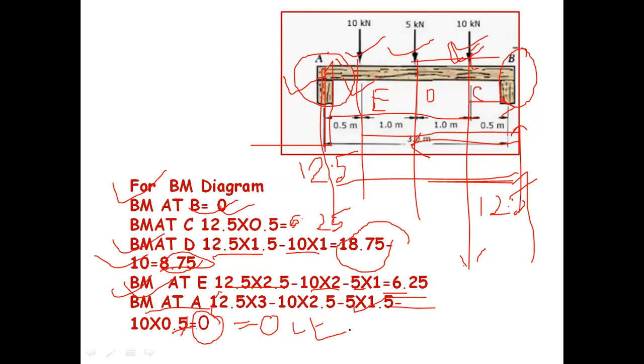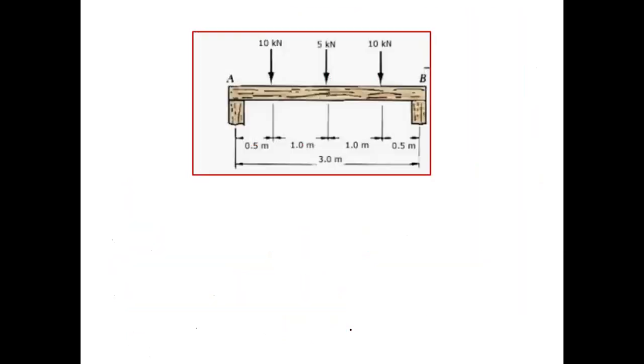After that, what will we do? Then we have to draw the SFD and the BMD. Let's see how I can draw the SFD and the BMD. It is a loaded beam.